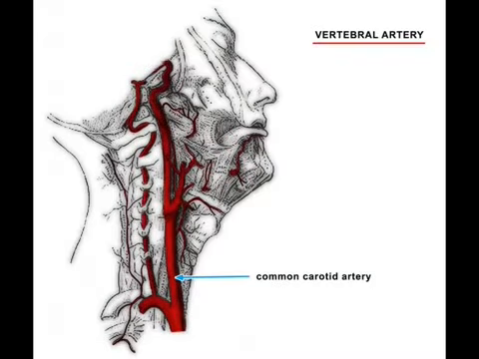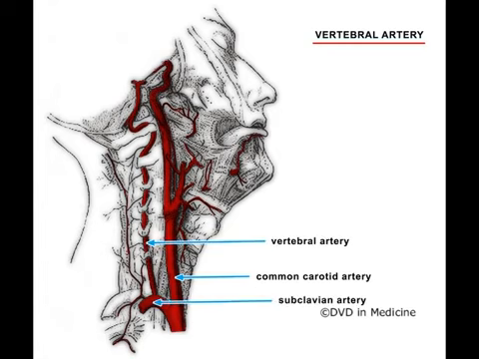Vertebral arteries. Once both carotids have been examined, the vertebral arteries are assessed. The vertebral artery on each side is the first branch of the subclavian artery.